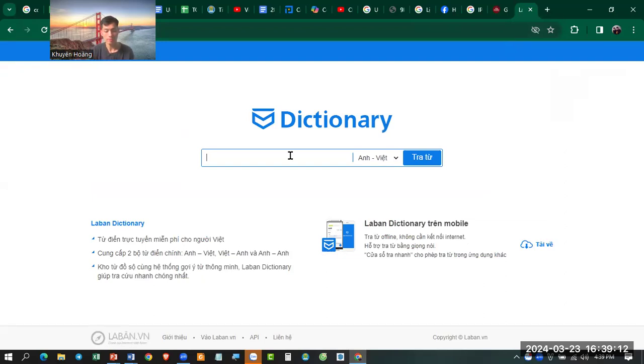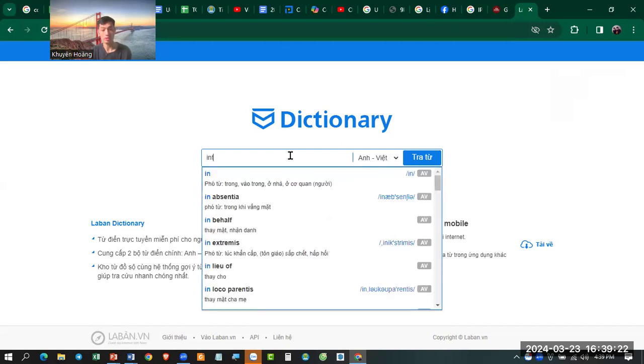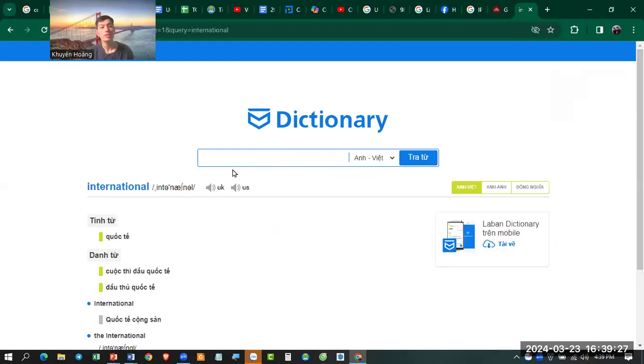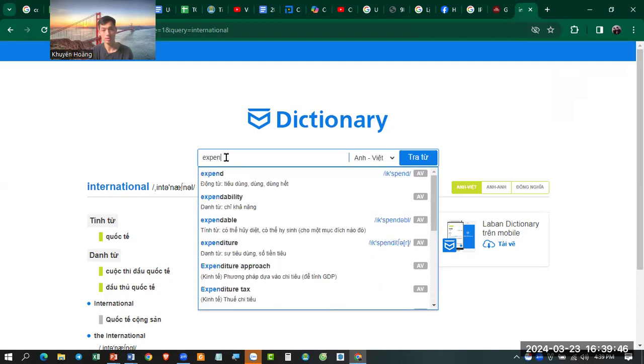Like in September. What else? International. It doesn't have a long sound here. Instead, expensive.